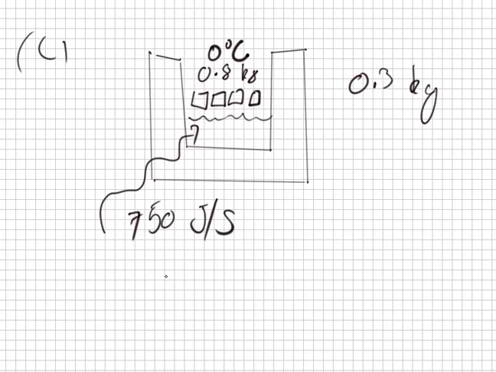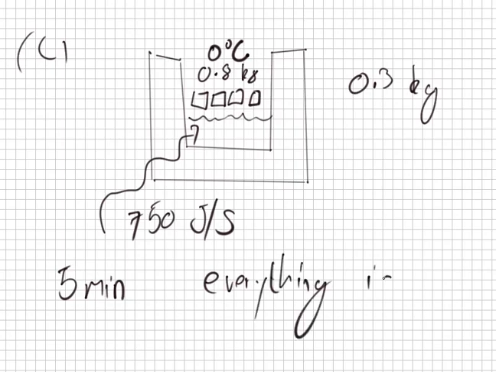So then 5 minutes later, everything is 25 Celsius. So, they want to know what was the mass of the ice at the start. Okay? So, I'll wait for you to write that down. Can I start it now? Yeah.